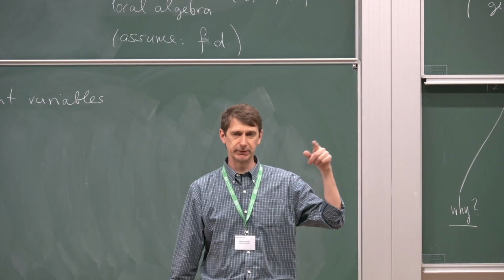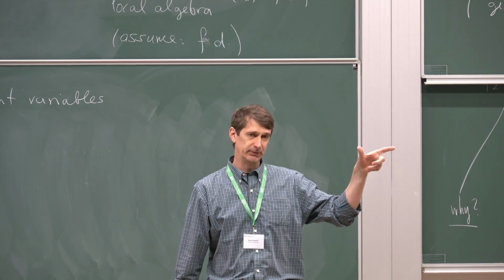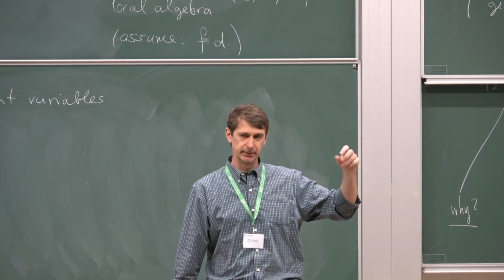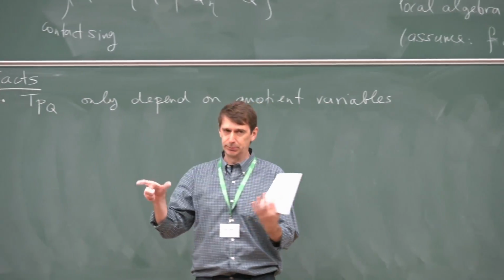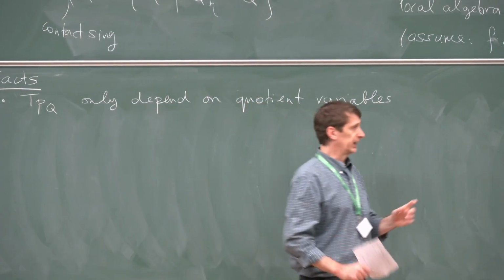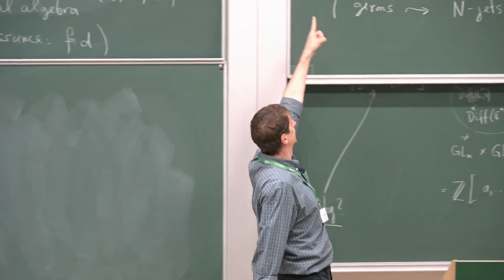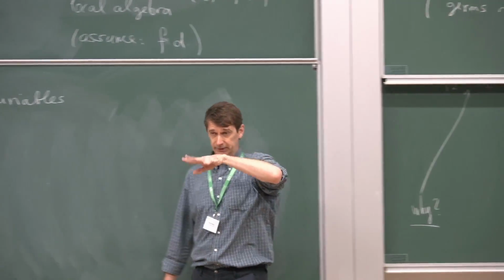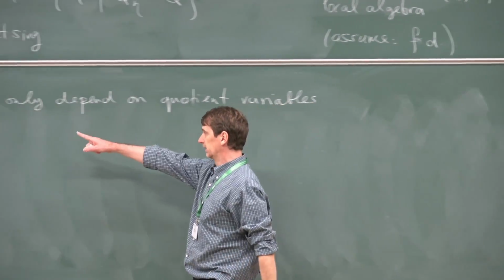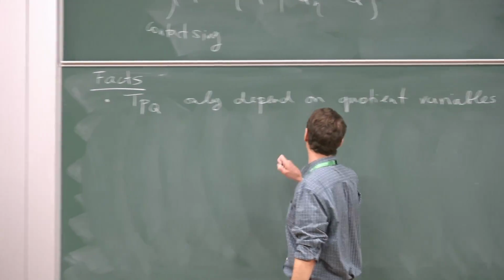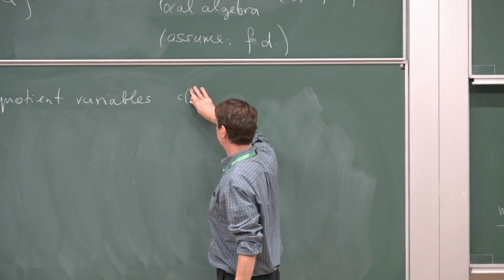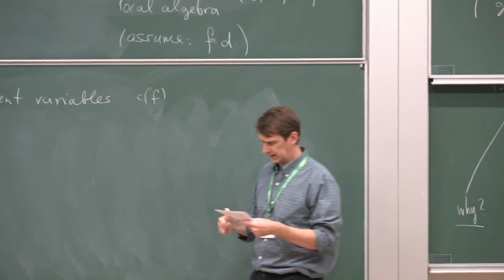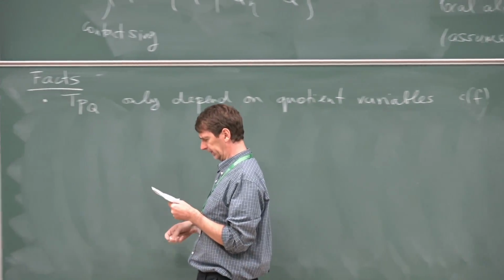I wrote it as c1 squared plus c2 of the map, which is the quotient of the target divided by the source. And then when I phrased the general theorem, I didn't put the quotient there. For an arbitrary sigma, it depends on the source and target variables. But for contact singularities, the dependence is through the quotient variable c of f. That already is a very nice property.